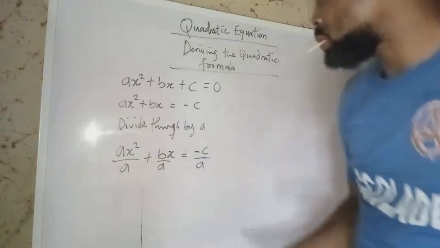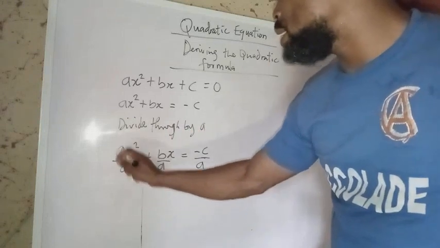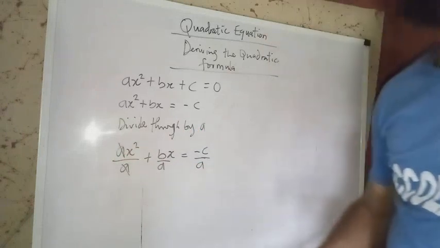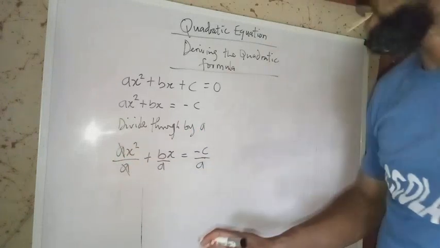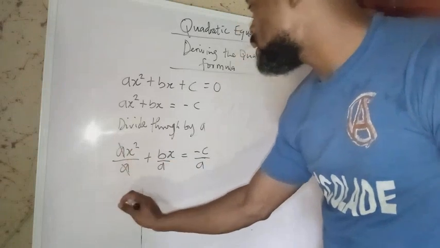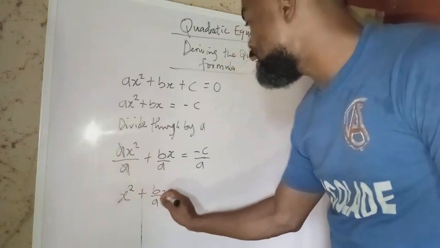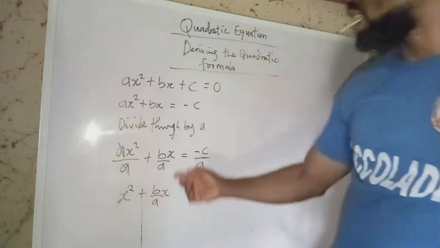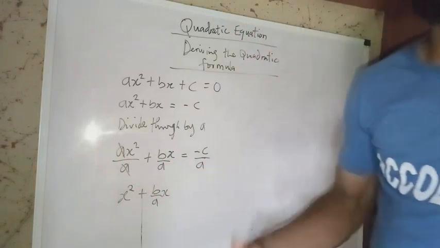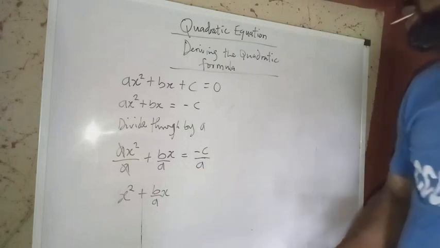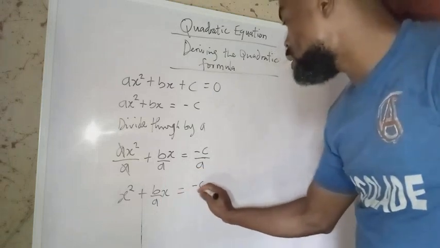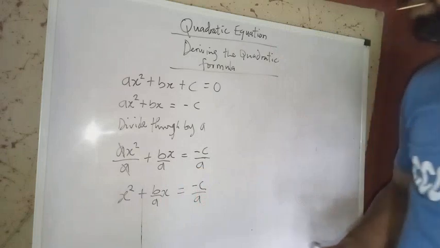Now, ax squared divided by a means a will cancel a. A divided by a is 1, so we have 1 times x squared, I have x squared plus b over a x. This is the same thing as writing bx over a or b over a x, equals minus c over a.